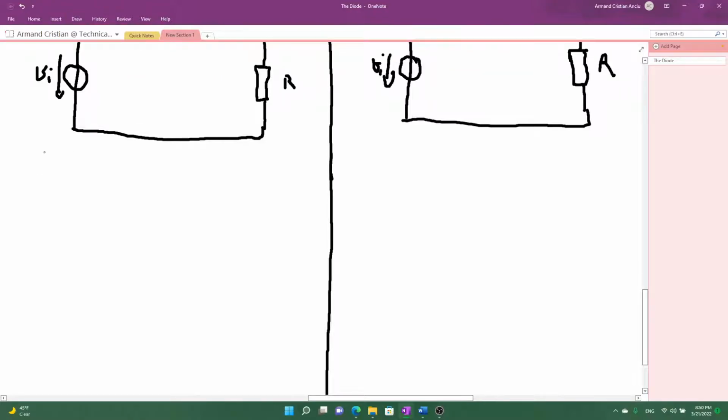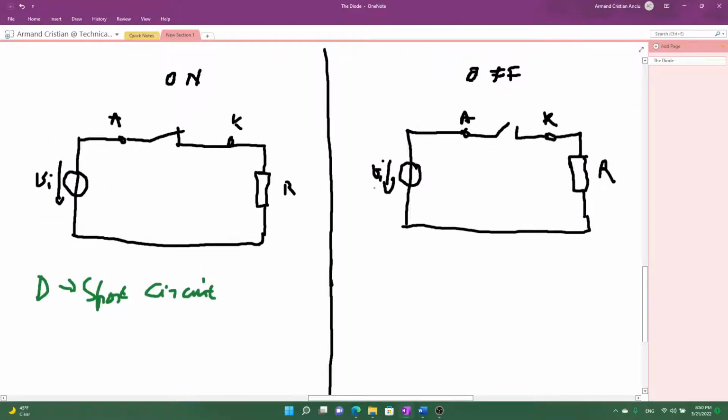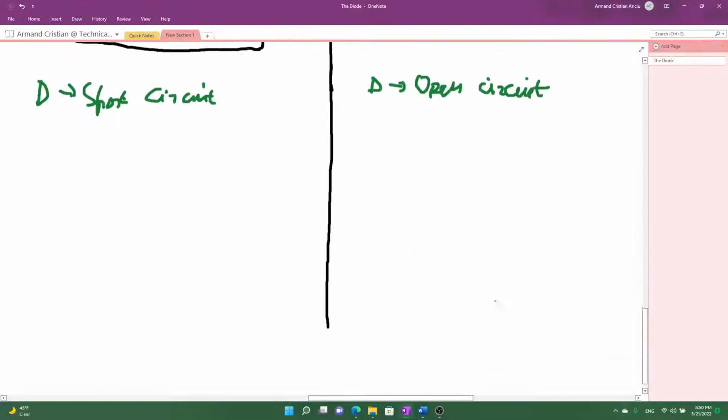So this is important. The diode becomes a short circuit. And for the off state, it's the complete opposite. The diode becomes an open circuit.